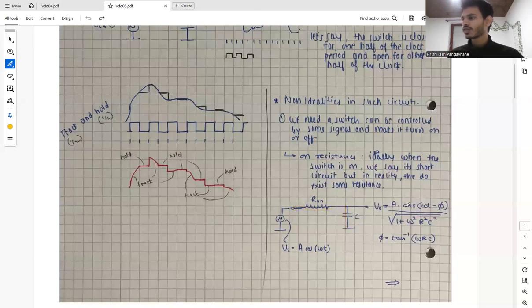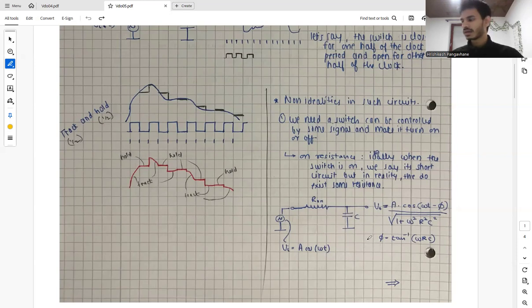So our output will look like A cos(omega t minus phi), where phi is the phase introduced by the filter, divided by the square root of 1 plus omega squared R squared C squared. This is a typical transfer function of a basic RC circuit or a basic RC node, and the voltage is taken from this node. And this phi is nothing but tan inverse of omega R C.